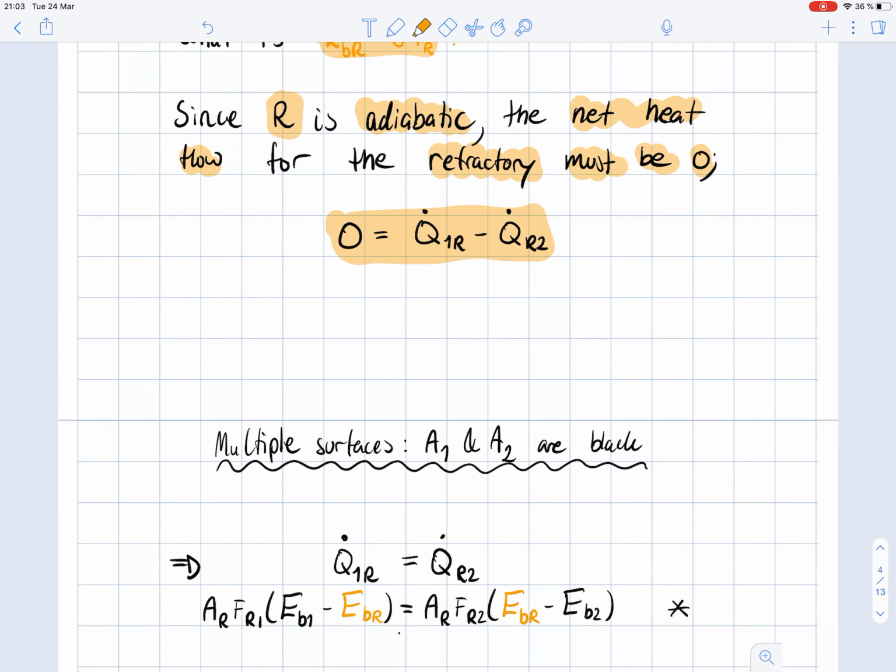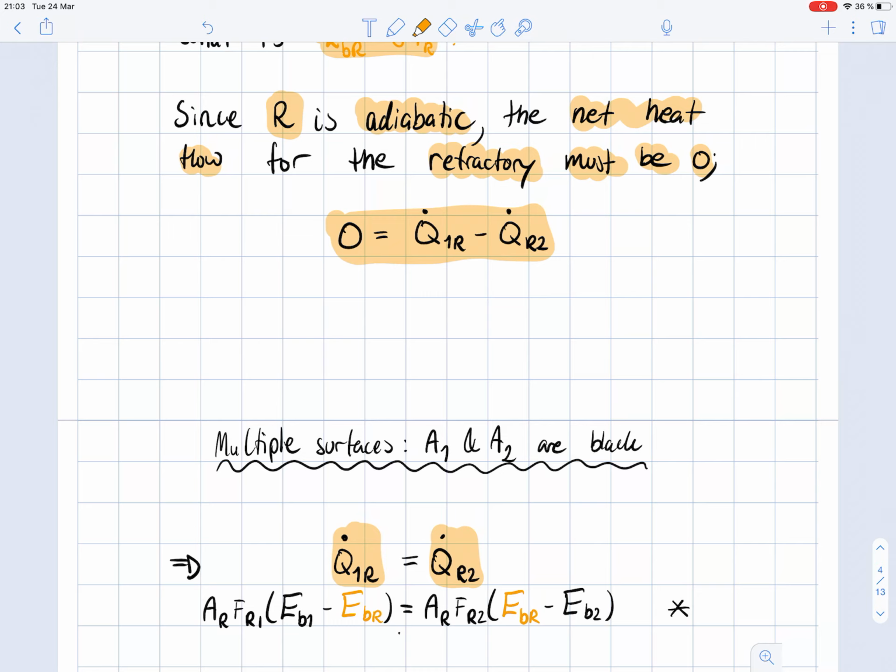That means that these two net heat fluxes, the one coming from the metal pad going to the refractory, has to exactly balance the one going from the refractory to the environment. If not, heat will accumulate.